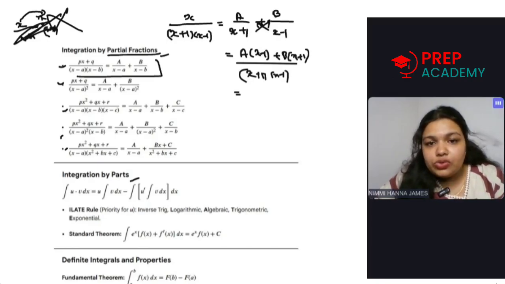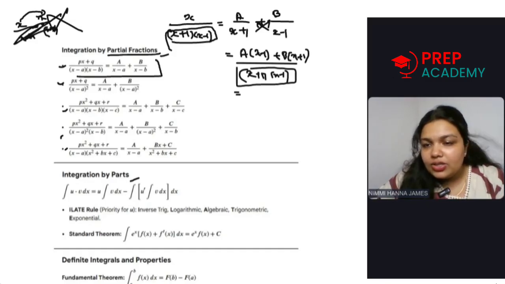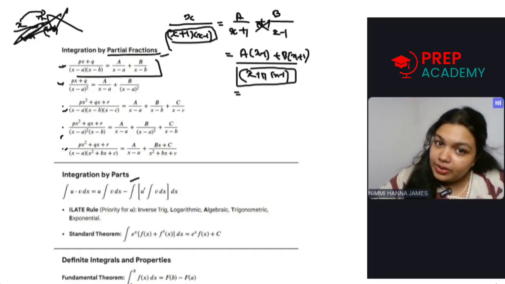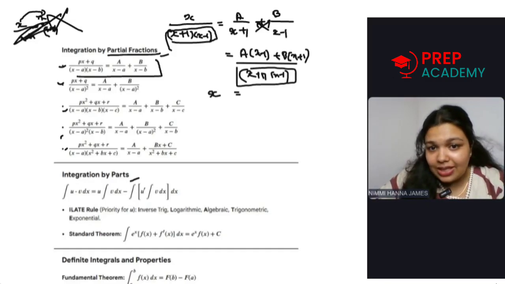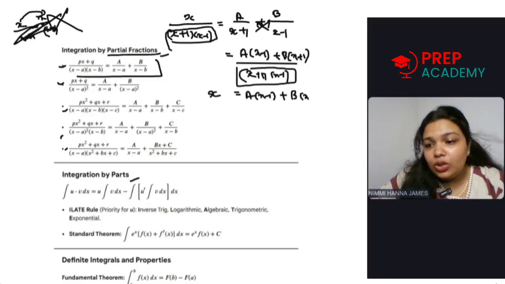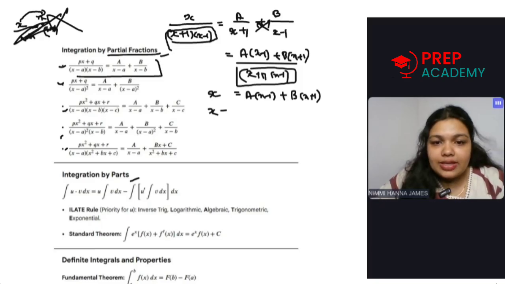The denominators of the left side and the right side are equal, so the numerators must be equal. That means x is equal to a into x minus 1 plus b into x plus 1. So x is equal to ax minus a plus bx plus b.